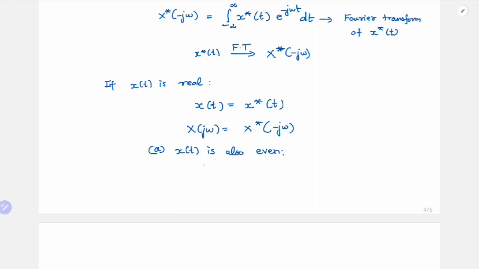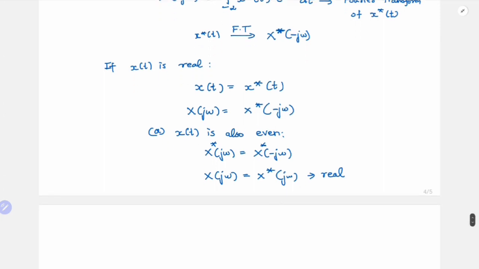Then we have x of j omega equal to x of minus j omega, so x of j omega will be equal to x star of j omega, because x star of minus j omega is also equal to x star of j omega. So this means it is also real, and since we already saw in the previous property, it is also going to be even. So x of j omega is real and even.